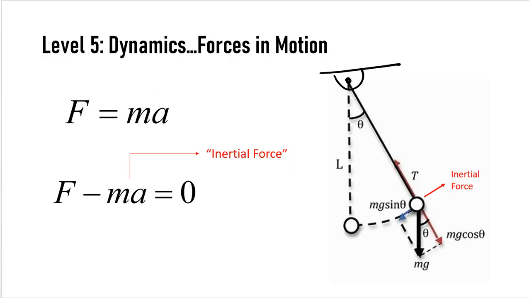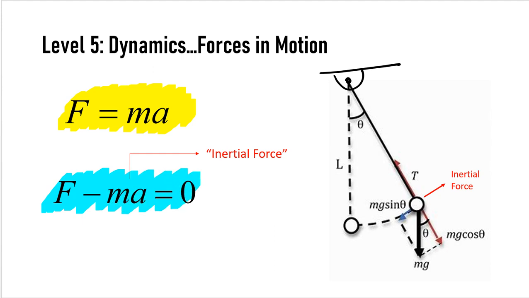Now, finally, Level 5 is dynamics, forces in motion. What happens when forces are acting on different bodies that are moving with certain acceleration? Well, we know from Newton's equation of motion that F equals ma. Now we can rewrite this as F minus ma equal to 0, and think of ma as the inertial force.